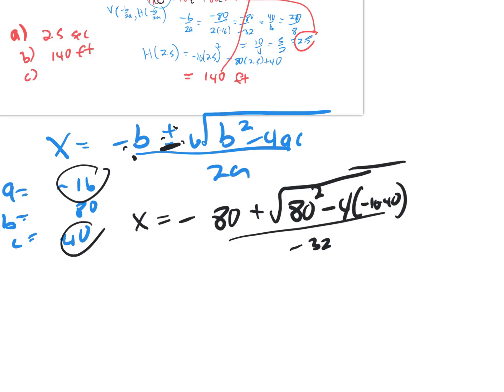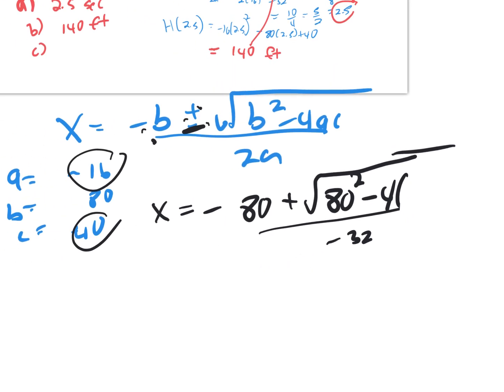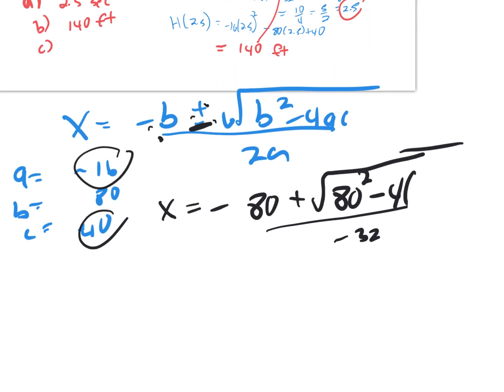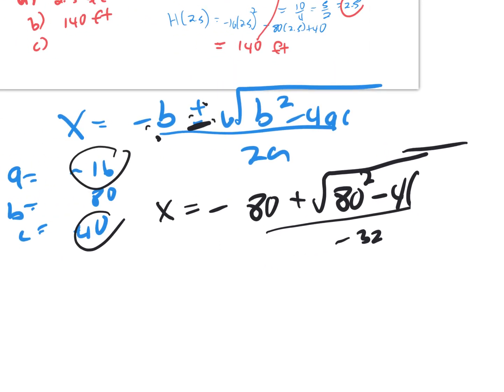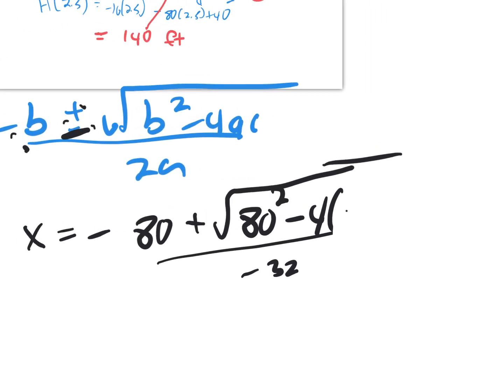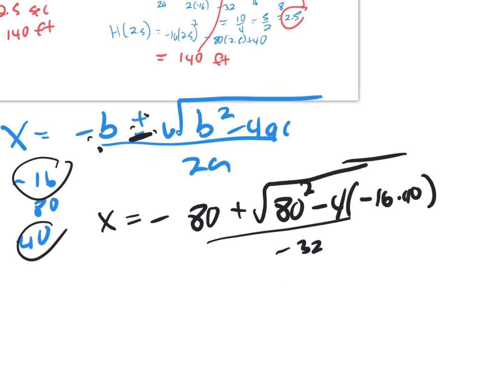So I'm going to let you use your calculator. You know what, I might even clean that writing up there because the only question they'll ask me the whole day is, what is that number? Means they weren't reading it. Negative 4 times a negative 16 times 40. There.